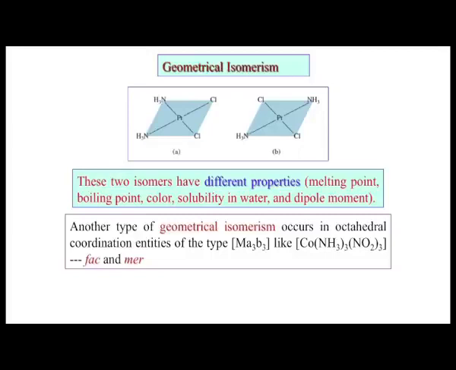And the boiling point, if the compound is available in the liquid state, they will have a difference in boiling points. And for the solid compound, like the solubility, the cis and trans compounds will have different melting points. If we determine this experimentally, the melting points will also be different. So, these are very important physical characteristics that we can determine very nicely.